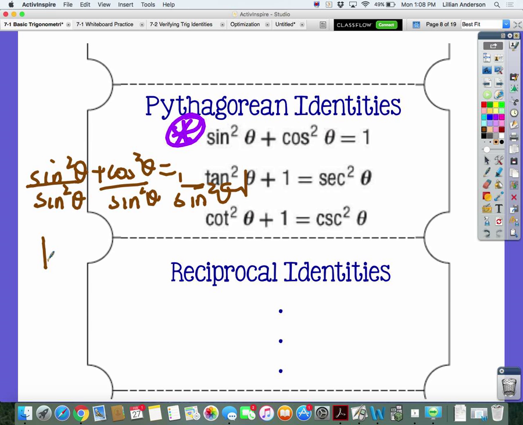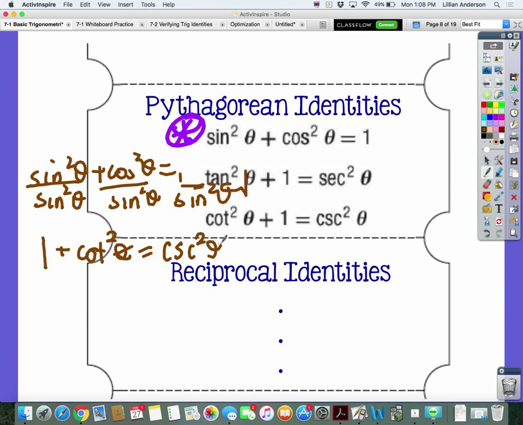Cosine squared over sine squared would give you cotangent, except instead of being just a regular cotangent, it's going to be cotangent squared because your terms were being squared. And lastly, 1 over sine squared is the reciprocal of cosecant squared. And so there you go. You have that bottom identity: cotangent squared theta plus 1 equals cosecant squared theta.